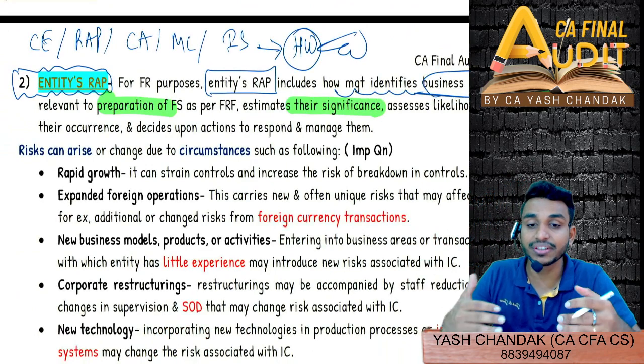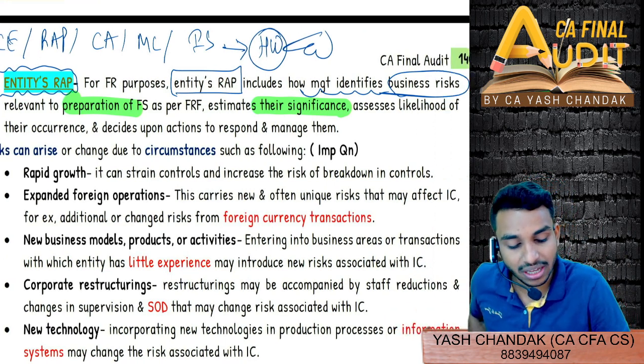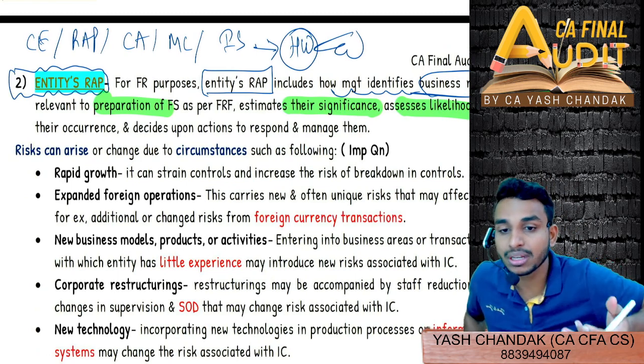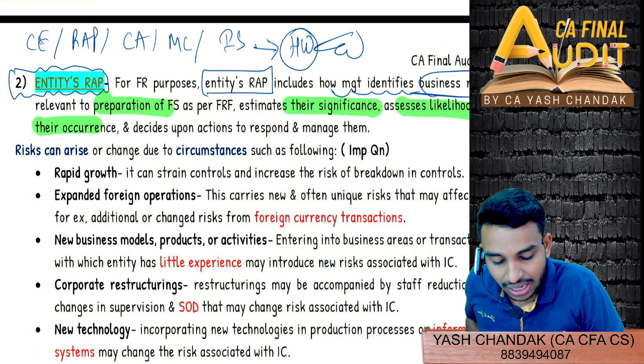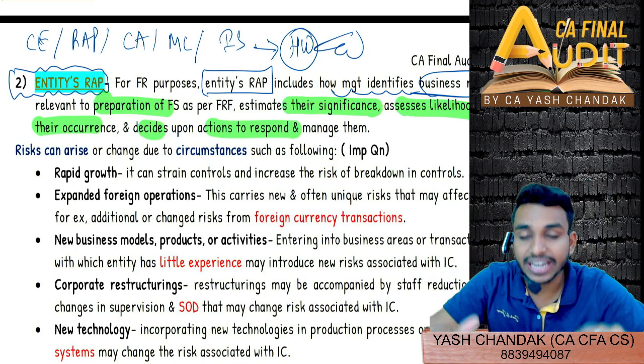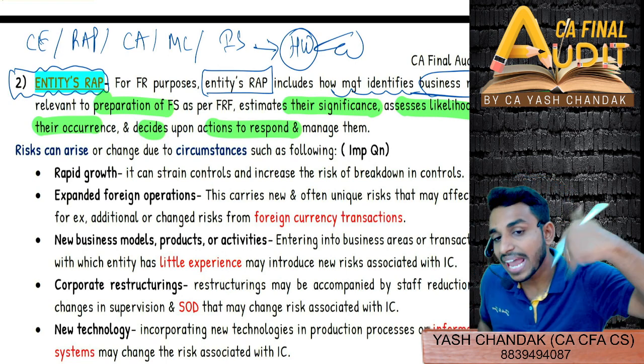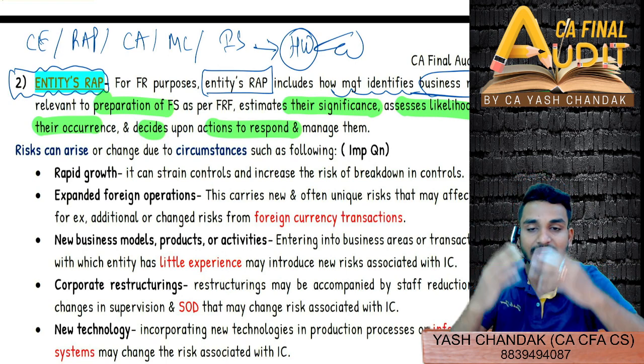Now after identification, you have to assess how significant, how important that risk is to you, and assess whether that risk could actually happen, the likelihood of their occurrence, and decide upon the action. How are you going to respond to mitigate the risk, to reduce the risk to an acceptable low level, or either to eliminate the risk? So that is your entire risk assessment process.